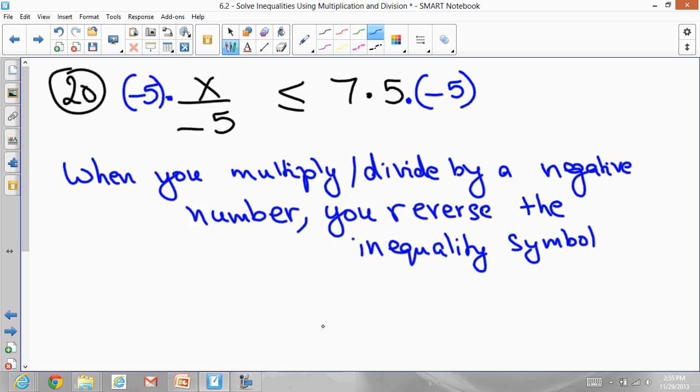Make sure that you understand this one tip which you have to apply constantly. When you multiply or divide by a negative number, you have to reverse the inequality symbol.